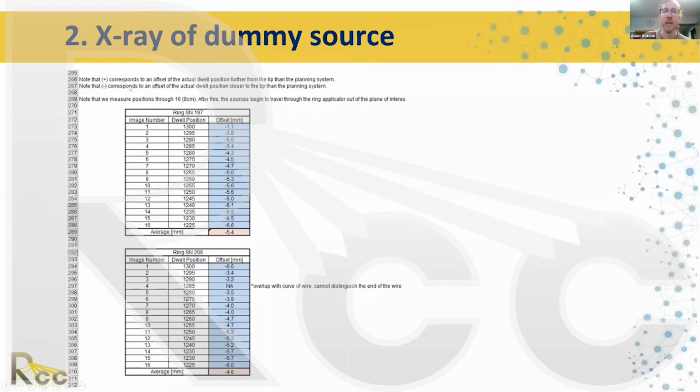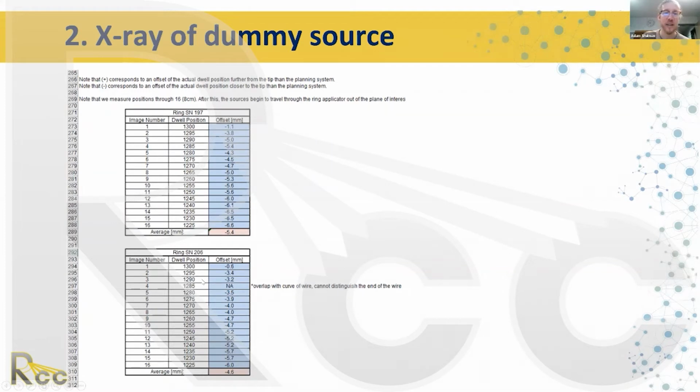Note that negative corresponds to an offset of the actual dwell position closer to the tip than the planning system. So this is the same as theory, and this is the same as our autoradiographs. And notice what's pretty cool is I got minus 5.4. That was the same as my autoradiographs from earlier.